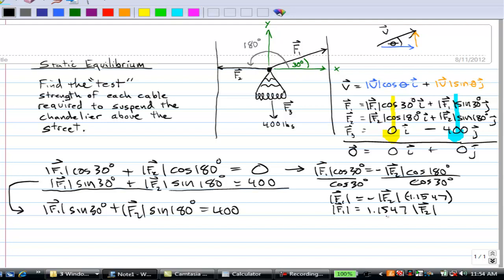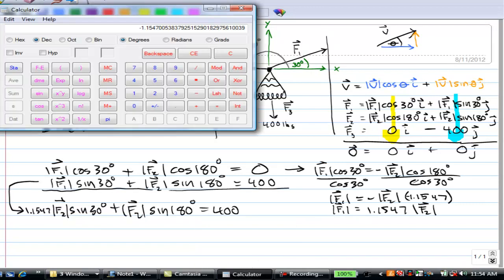But because I know that F1 is equal to 1.1547 F2, I'm going to replace it. So I have 1.1547 F2 times the sine of 30. Sine of 30 is 0.5.